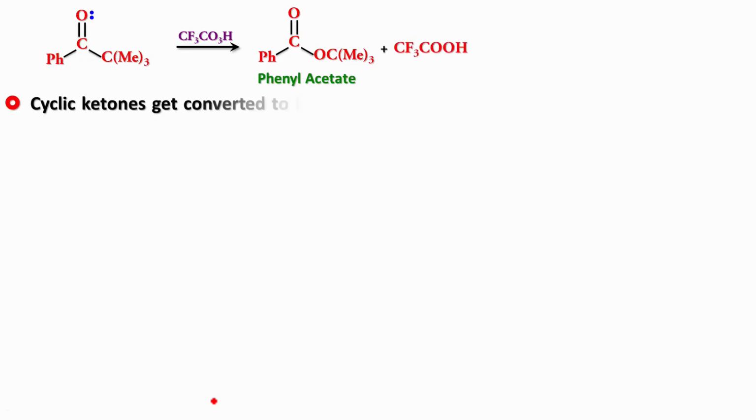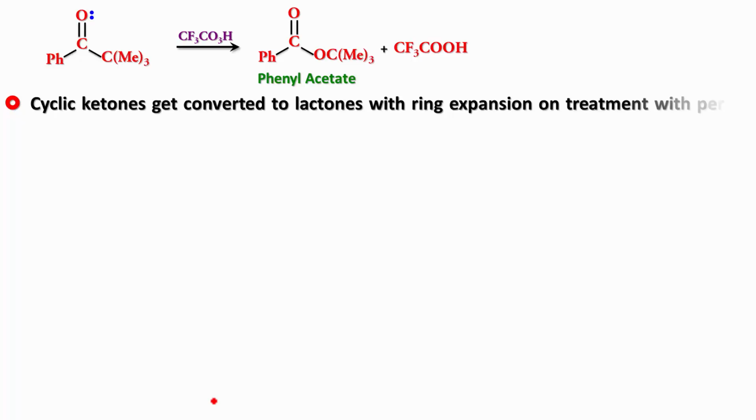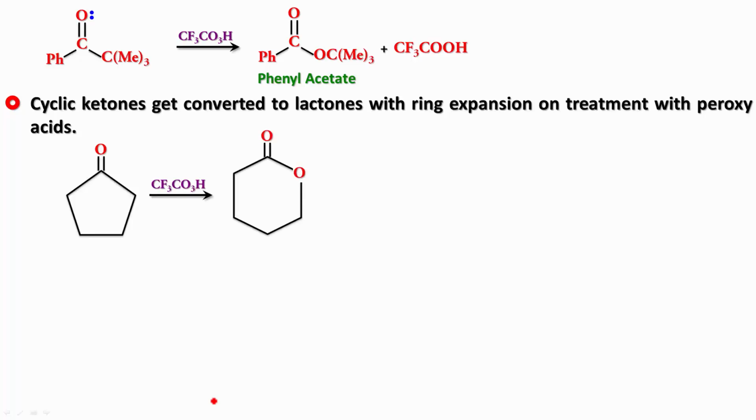So cyclic ketones get converted to lactones with ring expansion on treatment with peroxy acids. So if I have cyclopentanone, it forms a lactone. And that becomes 6-membered because O gets inserted.